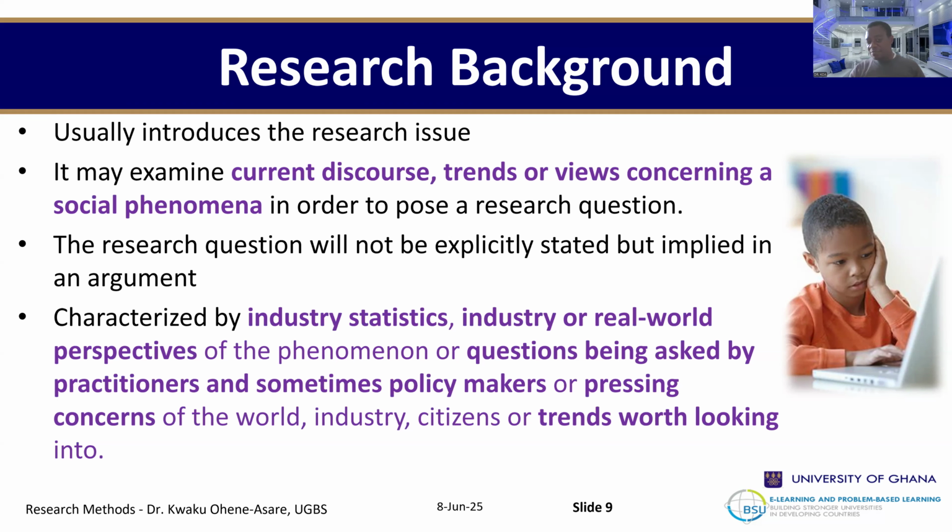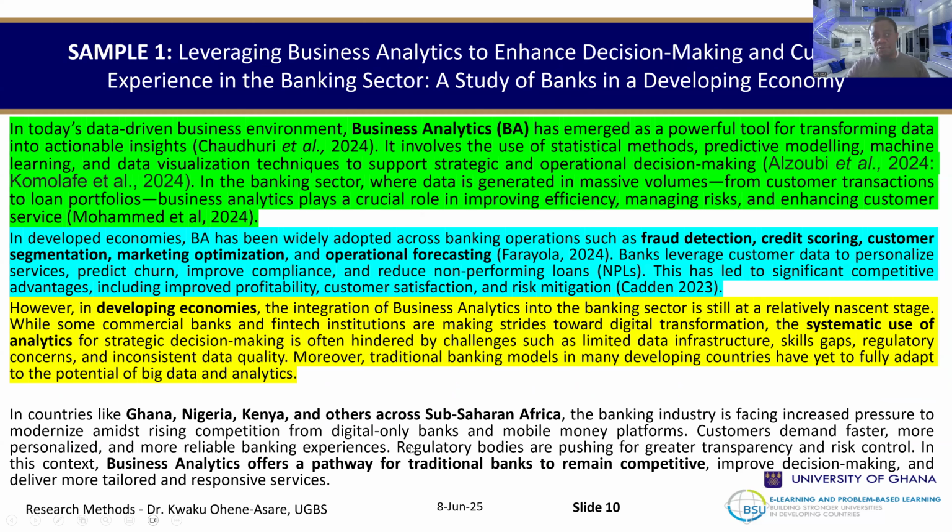If it is an industry, you want to let the reader know what is happening to that particular industry. If it is a trend, you want to. So this is why you bring a couple of statistics to show trends and patterns of how things are happening. You want the reader to know that particular environment, that phenomena I want to look at. It's a sample, just a sample.